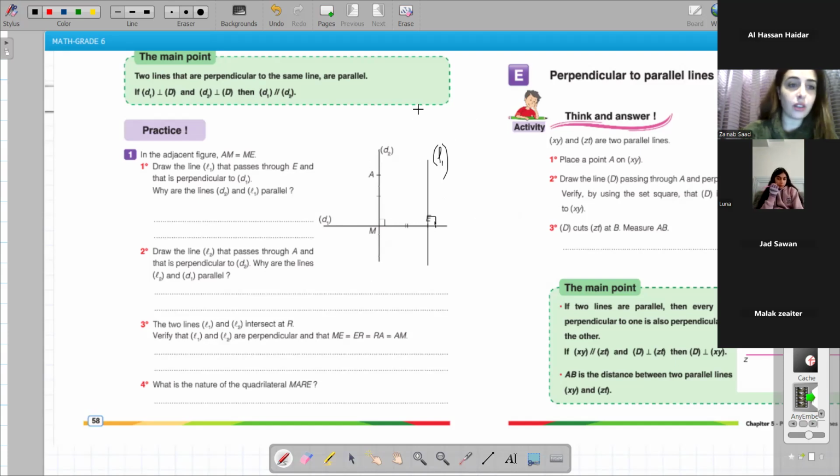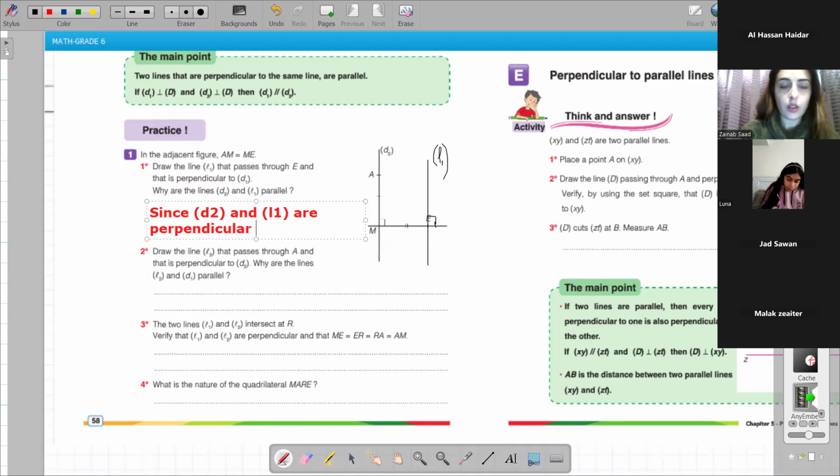So we're going to write together the following: since D2 and L1 are perpendicular to D1, so D2 and L1 are parallel. Or I'm going to write it for you in another way.